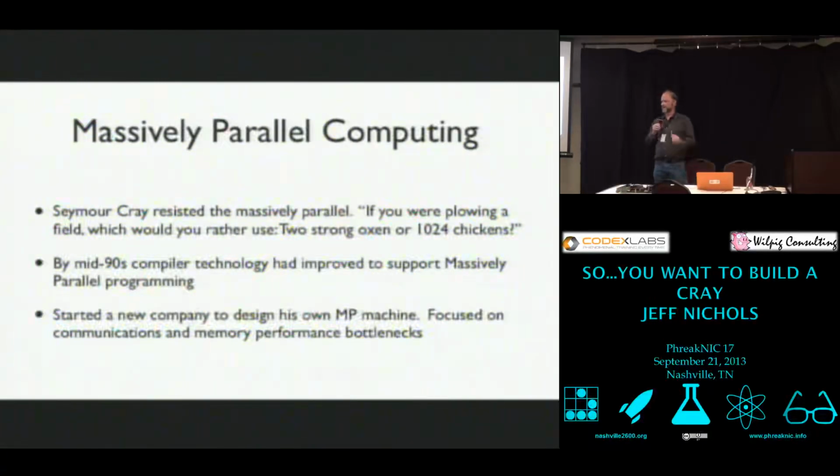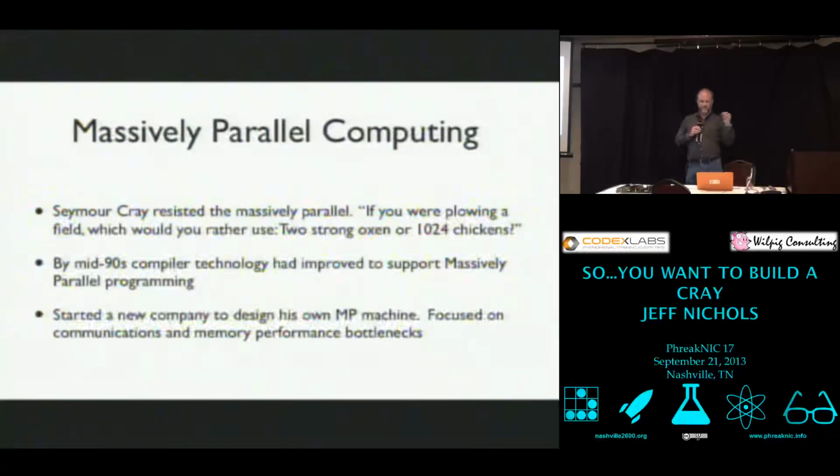By the mid-90s, what had been catching up was compiler technology, because it was phenomenally difficult to program anything, and trying to program 1,024 chickens would be a lot harder. But by the mid-90s, compiler support was getting better. So in the mid-90s, he started a new company to design his first massively parallel machine.